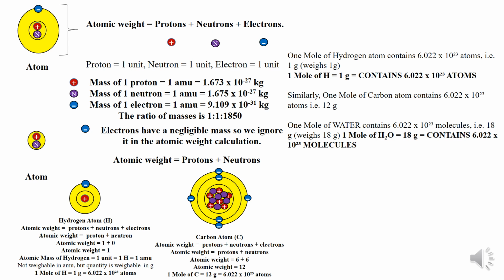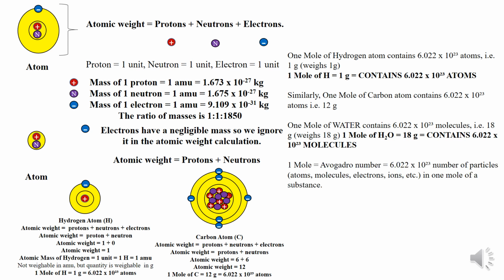And 1 mole of water contains Avogadro number of molecules, weighing 18 grams. So 1 mole of water is equivalent to 18 grams, containing Avogadro number of molecules. Now here we don't consider in terms of atoms, we consider in terms of molecules, because water exists in the molecular form with oxygen atom covalently bonded to 2 hydrogen atoms.